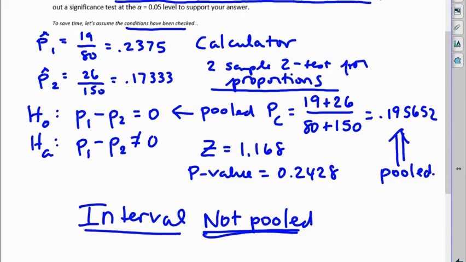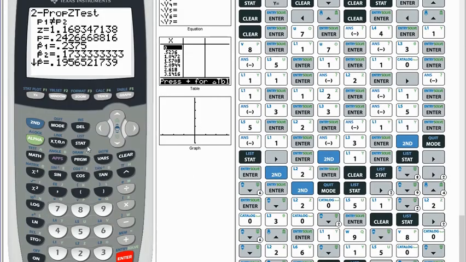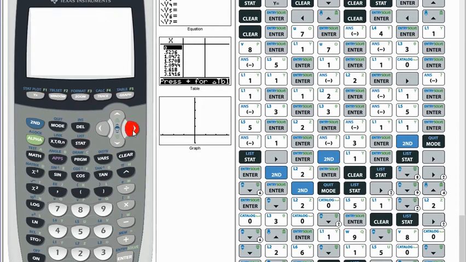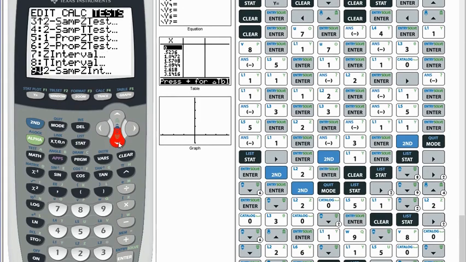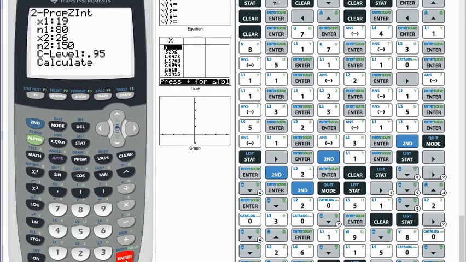So if I went to my calculator and I go to the tests and I go to an interval, which is below the proportions. Let's see, 2 sample, that's going to be for means. 1 proportion. 2 proportion z interval. There's my numbers, and my confidence level is 95%, which fits that 0.05 level.